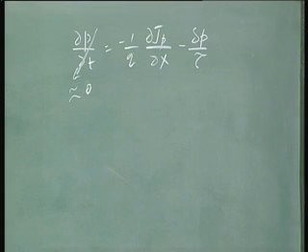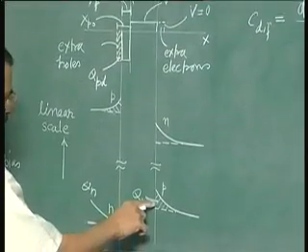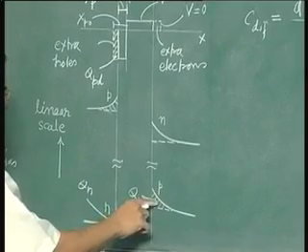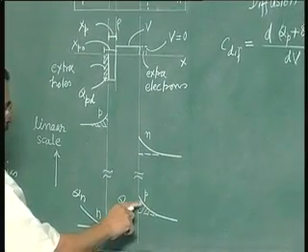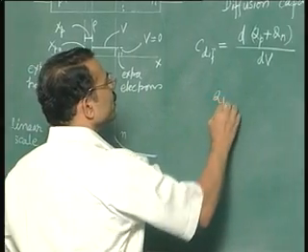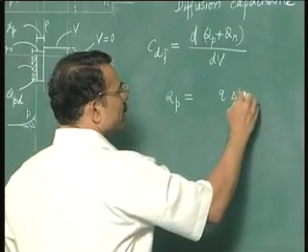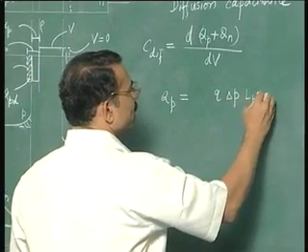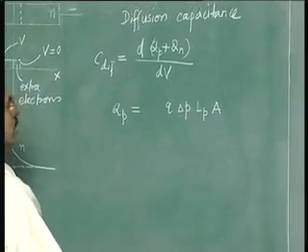So coming back to the estimation of Qp and Qn, we can easily write the expressions for Qp and Qn by looking at this diagram and our knowledge of the distribution of holes and electrons. So we write Qp is equal to q times delta P times the diffusion length Lp times the area A of the cross section of the diode.